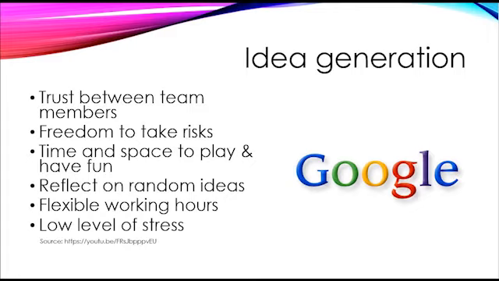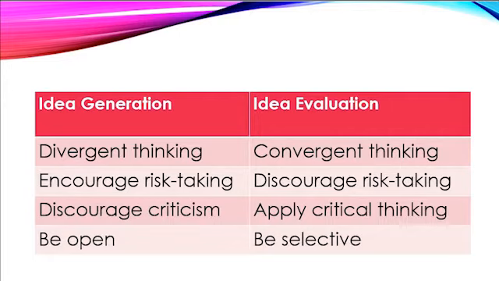Trust, freedom, risk-taking, they may be conditions that are ideal for generation of ideas, but not necessarily ideal for evaluation of ideas. We need to use very different thinking styles when we are generating ideas and when we are evaluating ideas. For example, divergent thinking. Sometimes divergent thinking is called out-of-the-box thinking. Sometimes it's called blue skies thinking.